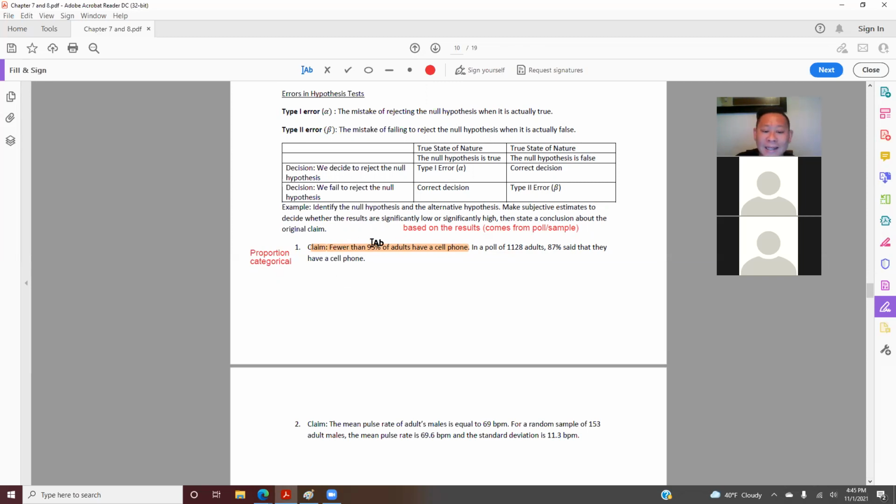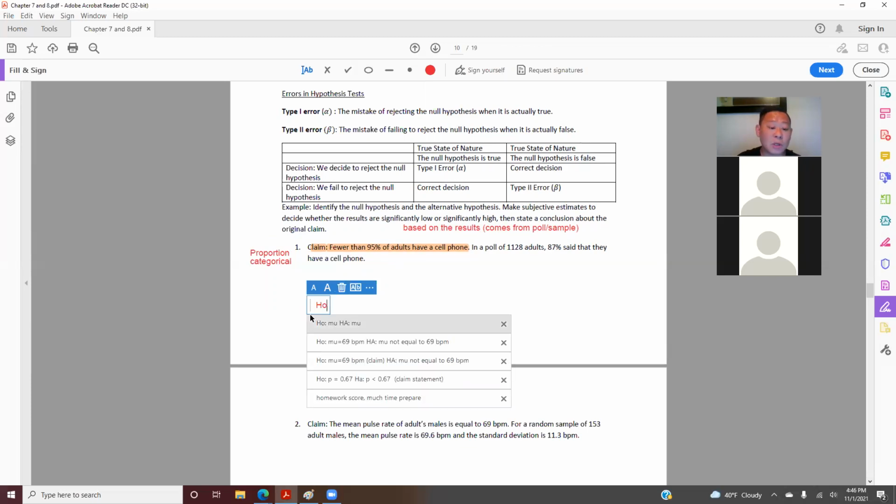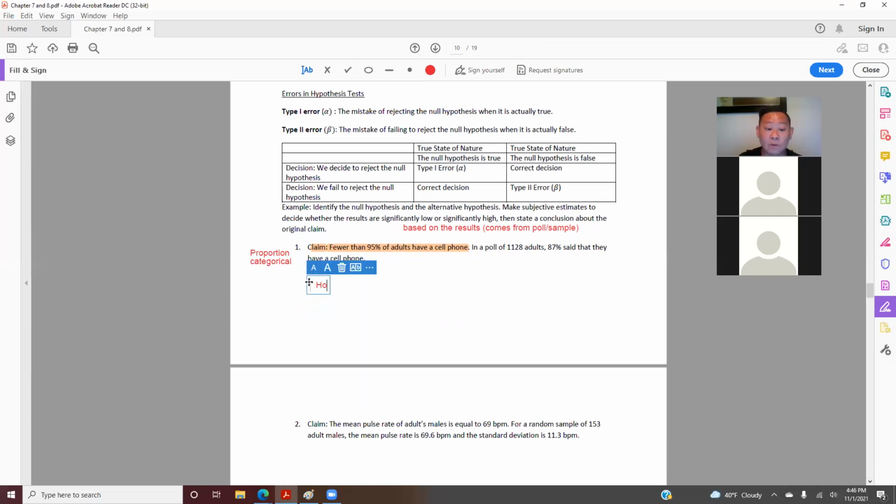Can someone write this as an inequality? Fewer than 95%. What symbol should we use? Less than. In this case, you have two statements when you write: one is a null statement, and one is your alternative hypothesis. Since you told me it is proportion, we use P. If it's mean, we use mu.